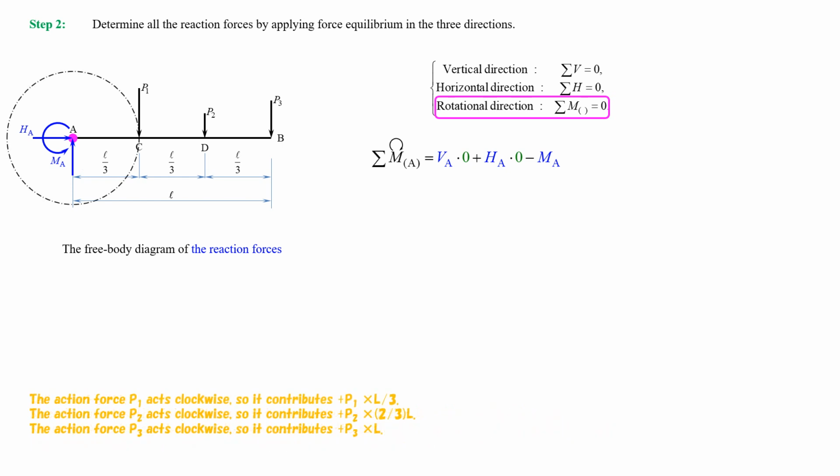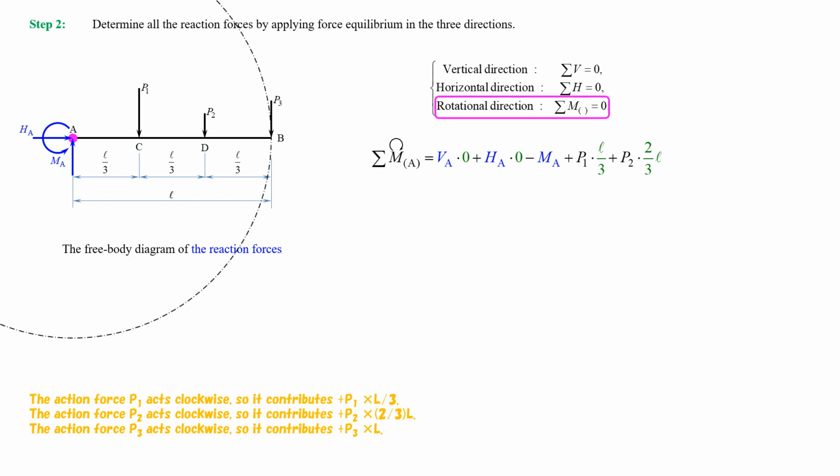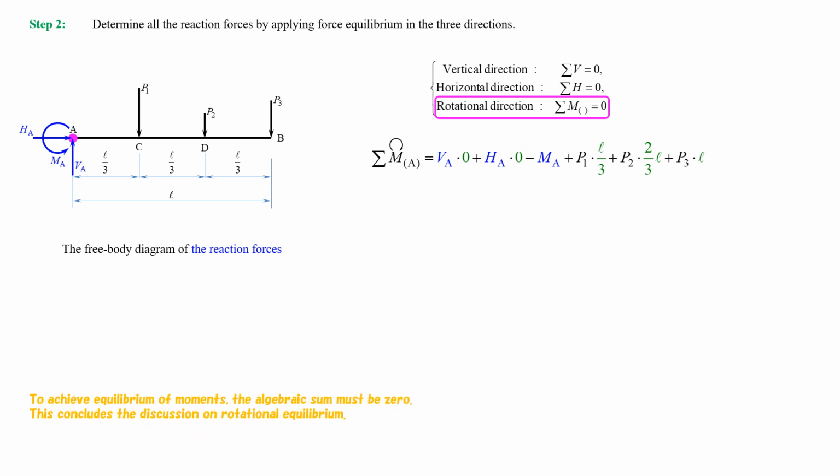The action force P1 acts clockwise, so it contributes plus P1 multiplied by 1/3 of L. The action force P2 acts clockwise, so it contributes plus P2 multiplied by 2/3 of L. The action force P3 acts clockwise, so it contributes plus P3 multiplied by L. To achieve equilibrium of moments, the algebraic sum must be 0. This concludes the discussion on rotational equilibrium.